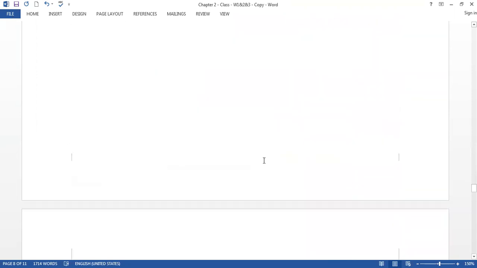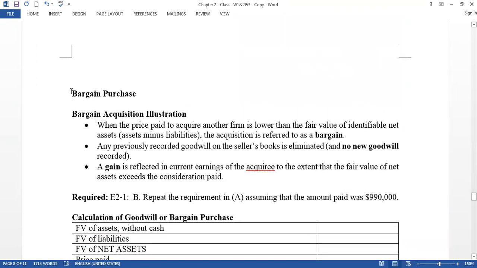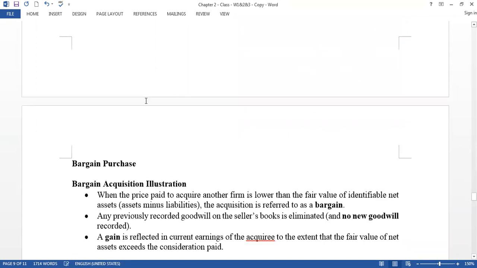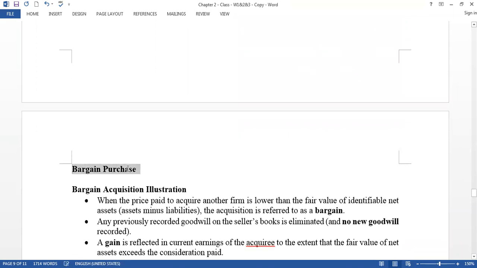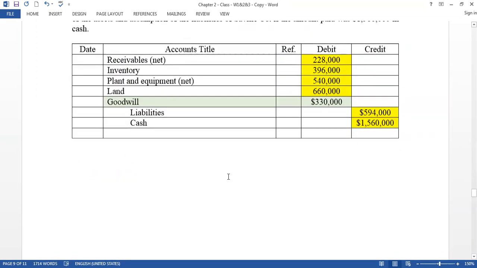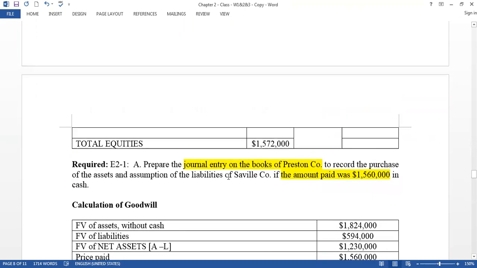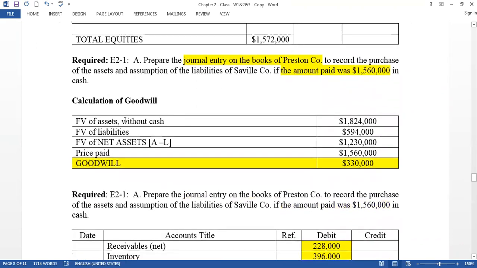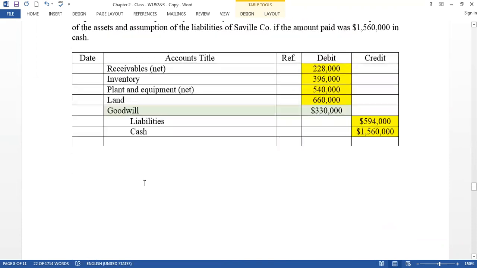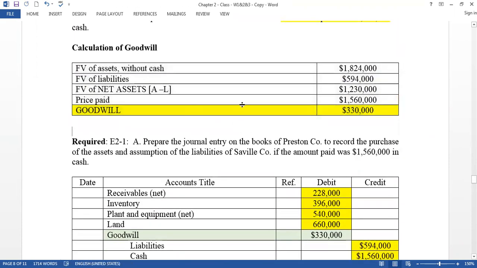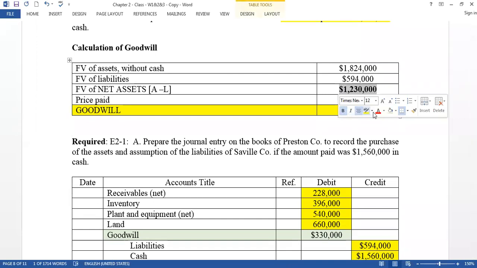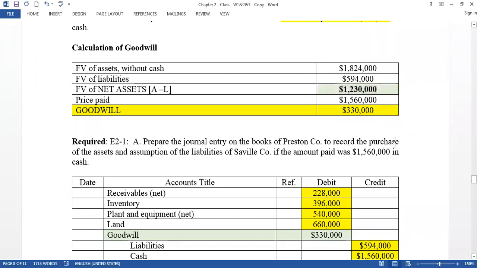Now we can see another topic called the bargain purchase. What is the difference between a goodwill method and a bargain purchase? Look at this table first. This table says the net asset value is $1,230,000.